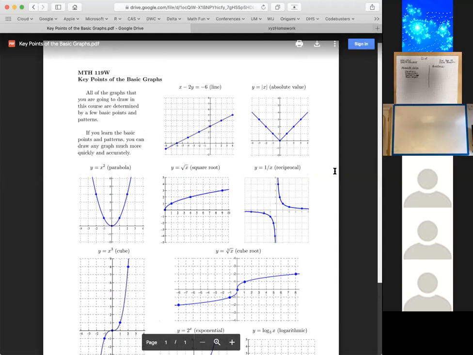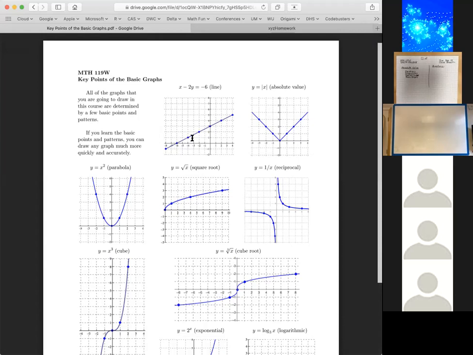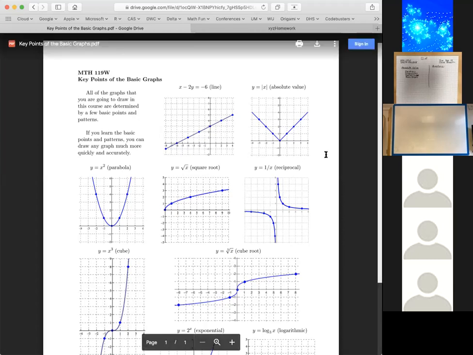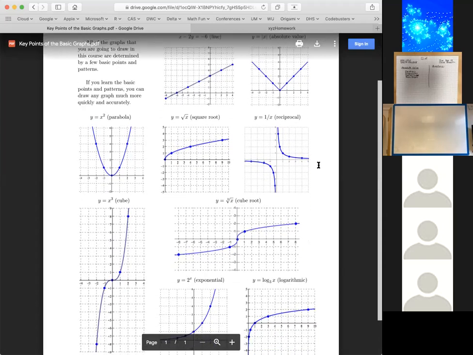but there are only a handful of shapes. And yes, I know that there's billions of lines, but every line has a particular shape and a particular pattern, even if it looks different than this line. And so my point on this handout is I'm giving you some famous shapes.